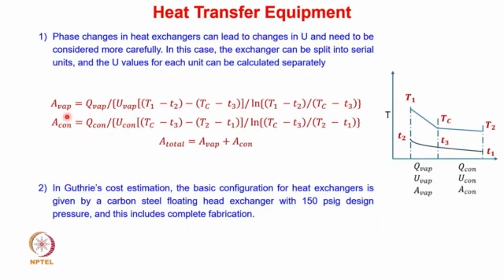So we can calculate A vapor and A condensation, and we add both to obtain the total heat transfer area. In Guthrie's cost estimation, the basic configuration for the heat exchanger is a carbon steel floating head heat exchanger with 150 psig design pressure, and this includes the complete fabrication. We can use this information in Guthrie's cost estimation method to calculate the cost associated with the heat exchanger.